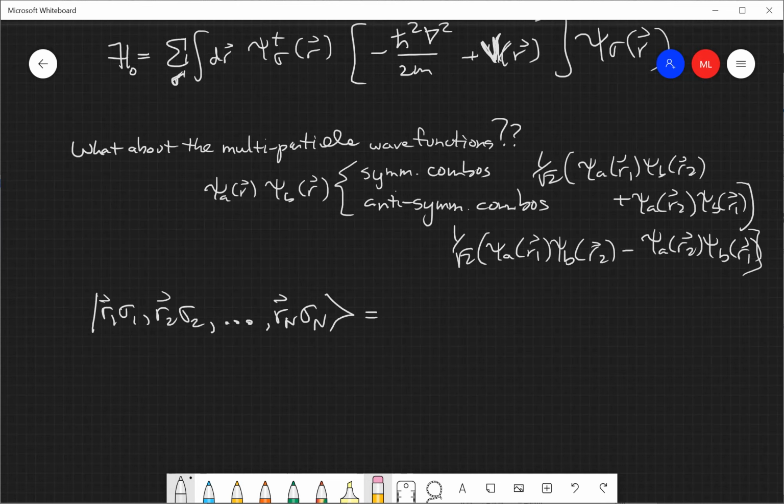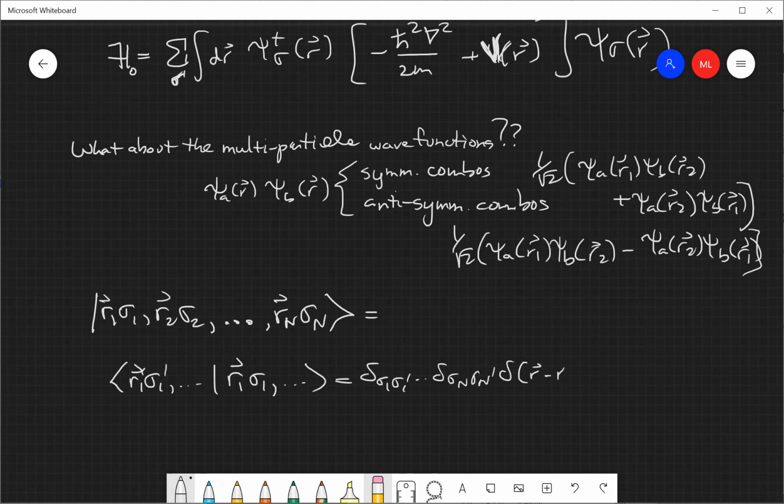So when you take the bra with R1 prime, sigma 1 prime, and so on, with the ket R1, sigma 1, and so on, you'd better get a bunch of Kronecker deltas for the spin part, and a bunch of Dirac deltas for the coordinates.